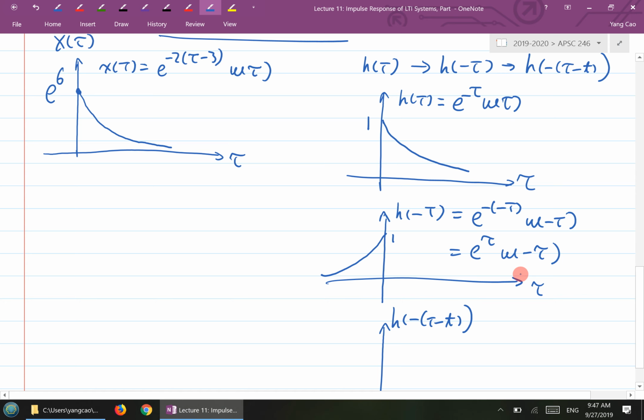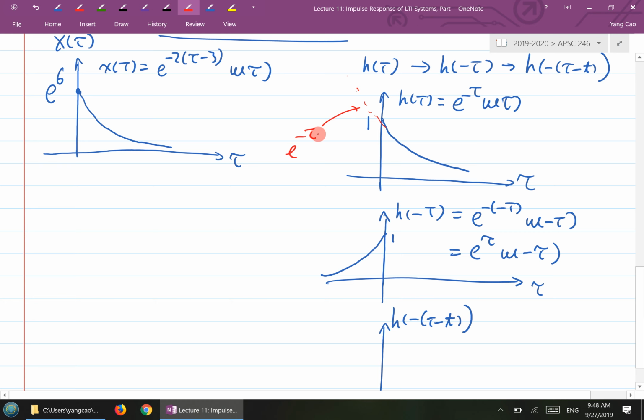But also, I think at this stage, you should be clear. For example, if I give you a curve like this, maybe without this, just this portion, and you know exactly that for this curve it's e to the power of negative tau, right?